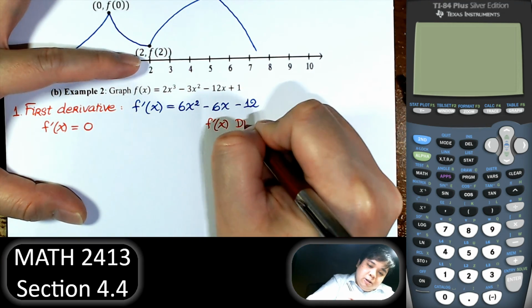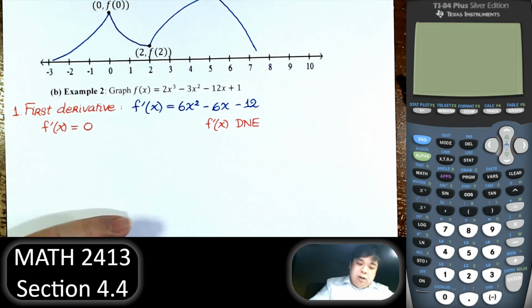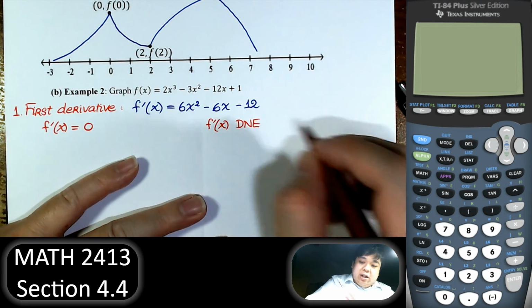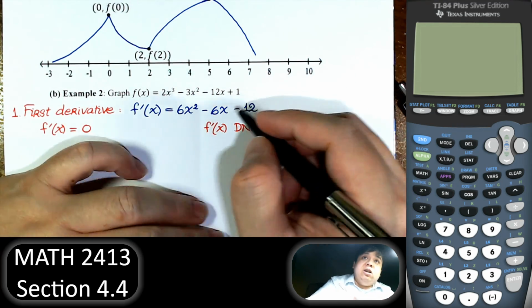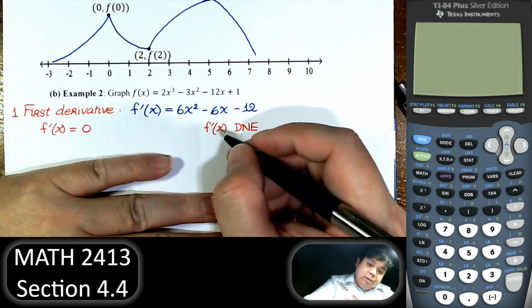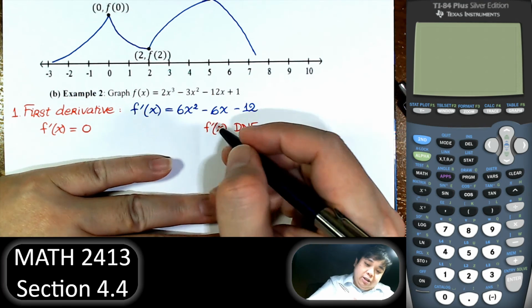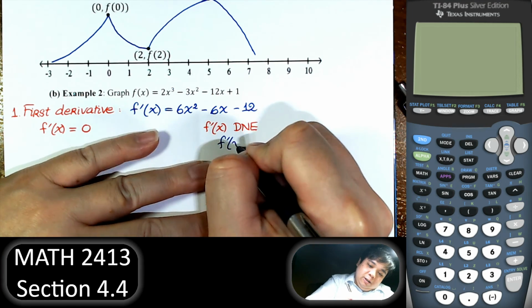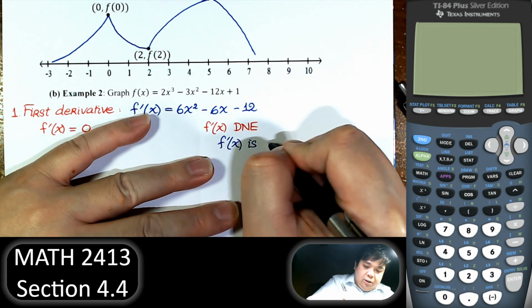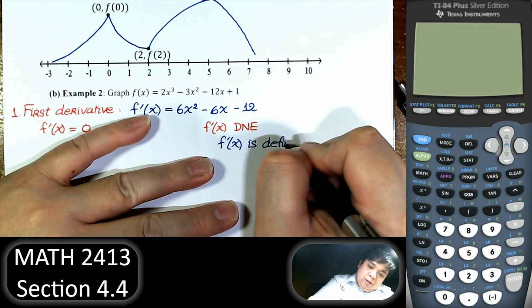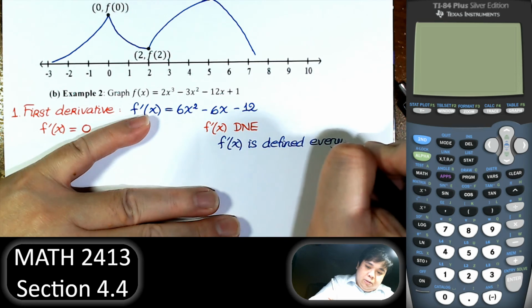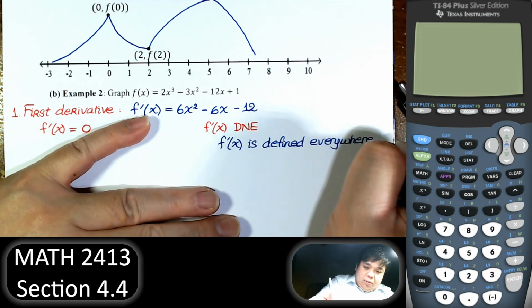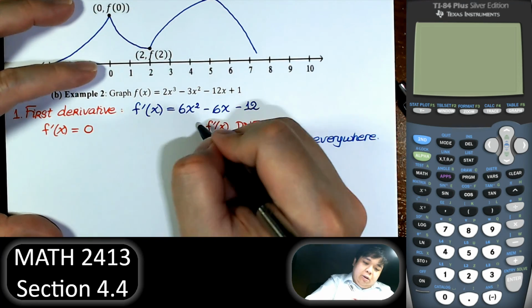We know that if it does not exist, we will not have anything, because the function is continuous everywhere. I mean defined everywhere. Right.